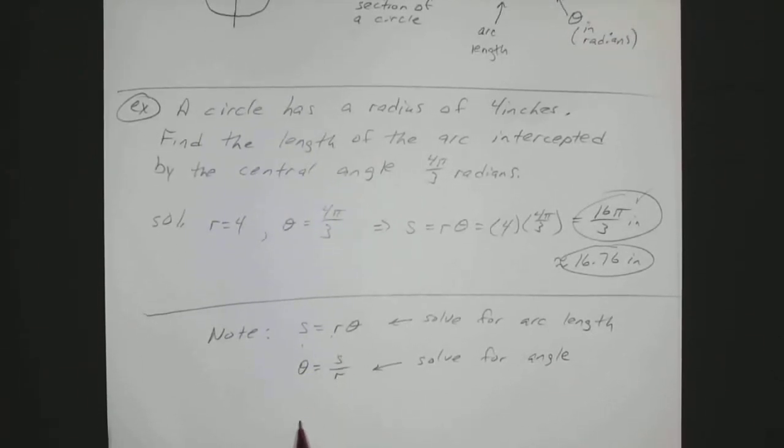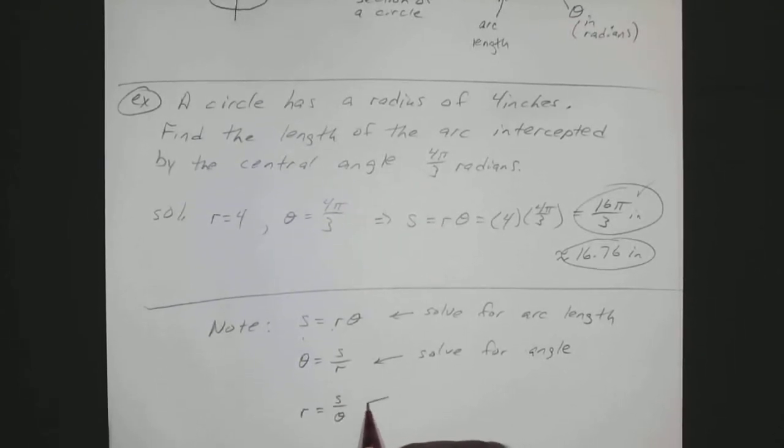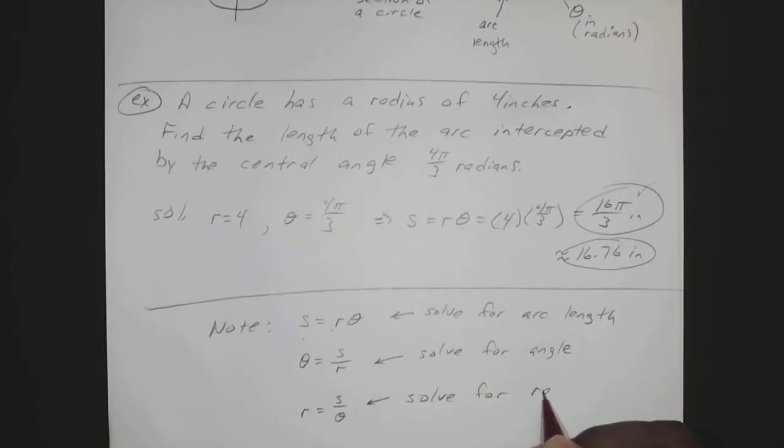And if you want to solve for your radius, you divide both sides by theta. You can use the same formula to solve for any one of them. So sometimes they'll say the arc length is this and the radius is that, solve for theta, and you can just plug them in. All right, any questions on that one?